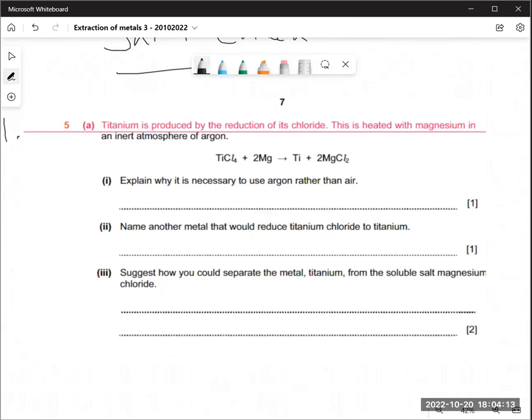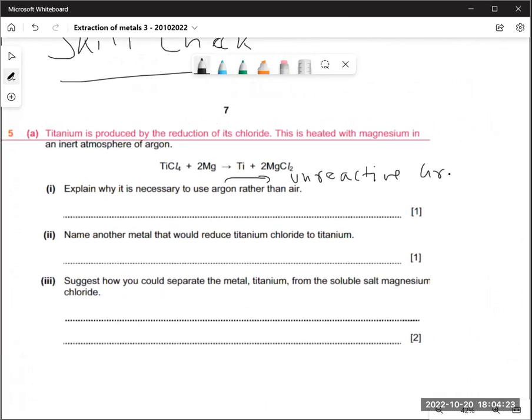Argon is unreactive. Why is it unreactive? Because all group 8 elements are unreactive. Yes, it's called a noble gas. Now, why will I put an unreactive noble gas on a metal rather than air?